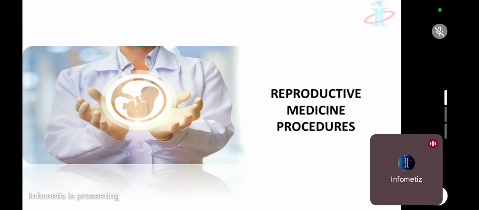Very rarely we have seen little complexity. Otherwise, all are direct codes. Once you see the options, go through all 4 options. You will get your answer. Okay. Now come to 88164, 65, 66, and 67. 88164.